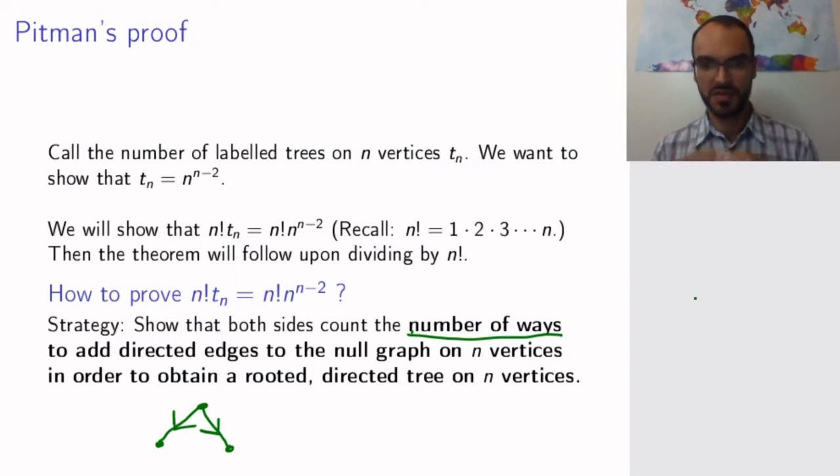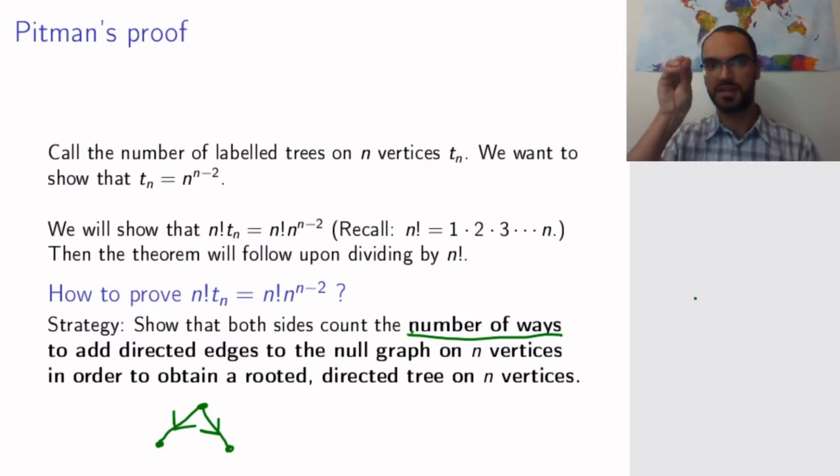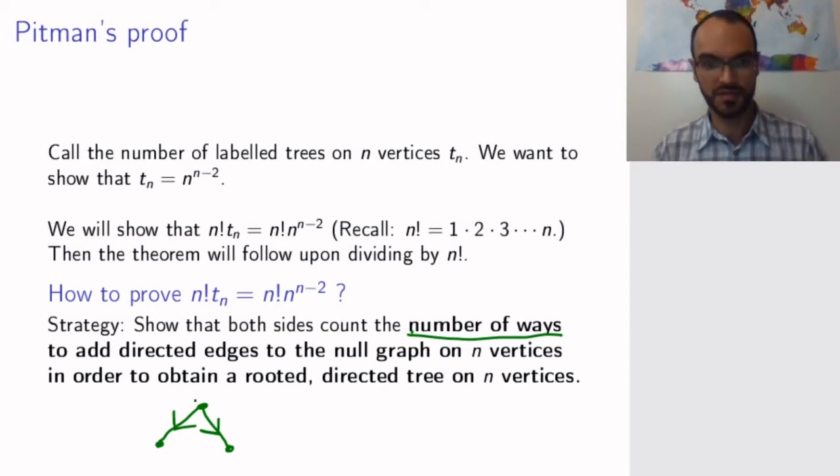Also remember that a rooted directed tree is a tree where you have chosen one vertex as a root and directed all edges away from the root. Go back to that lecture if you don't remember this. So in this case, we have this root and all edges are directed away from it.